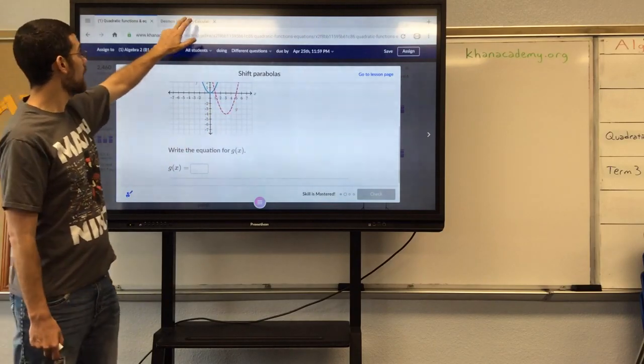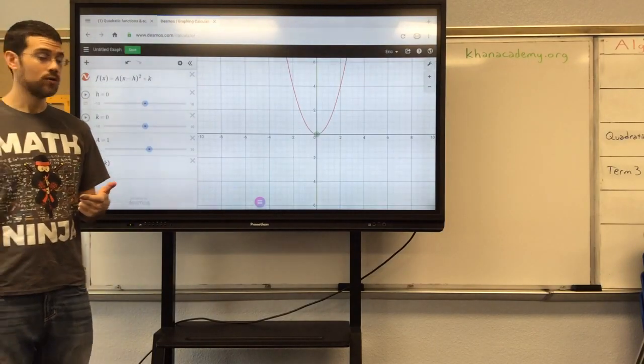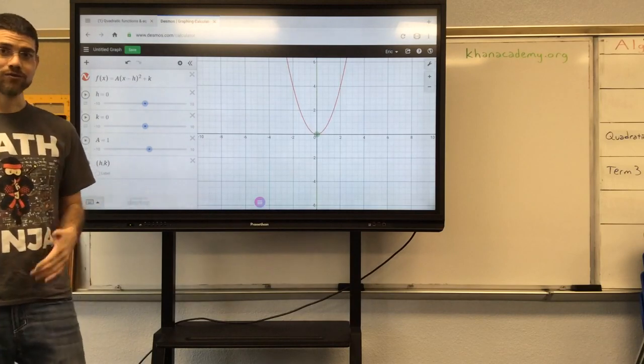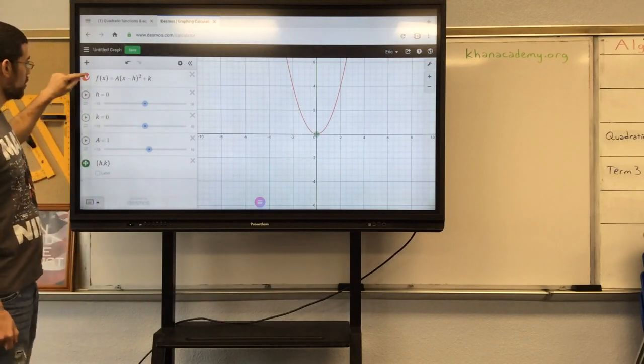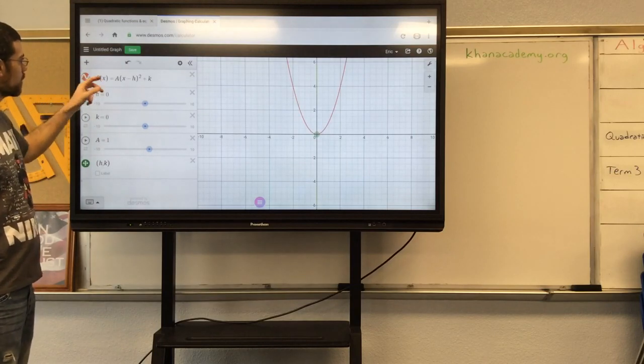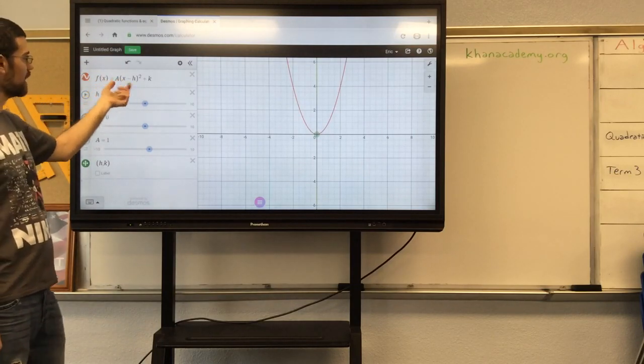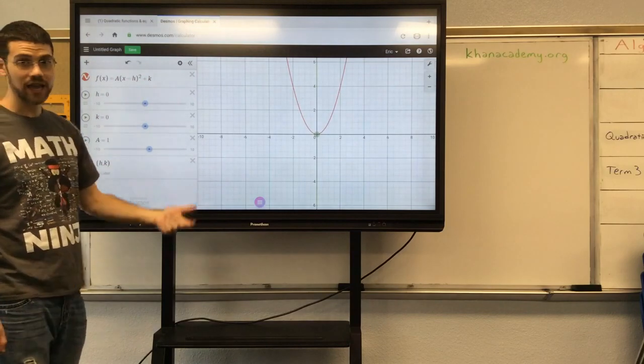So let's look at Desmos, which is a free online graphing utility that you should take advantage of. I have on here a function f of x equals a times x minus h squared plus k.